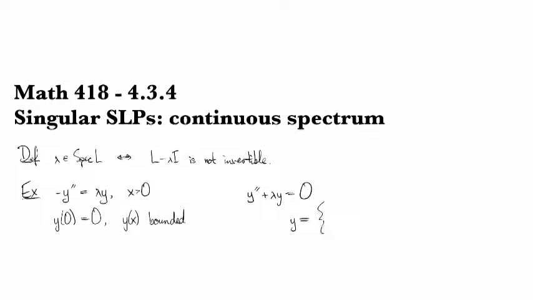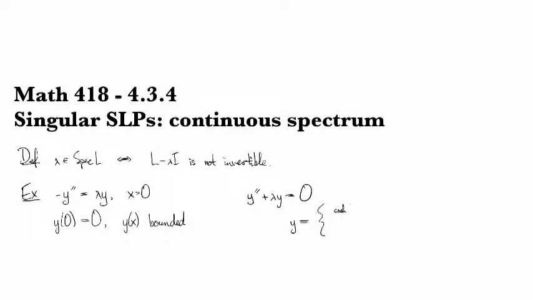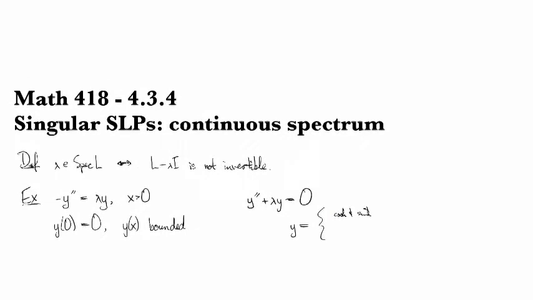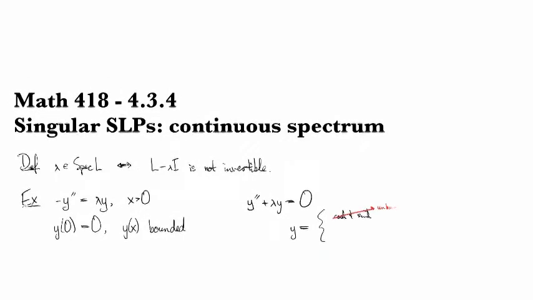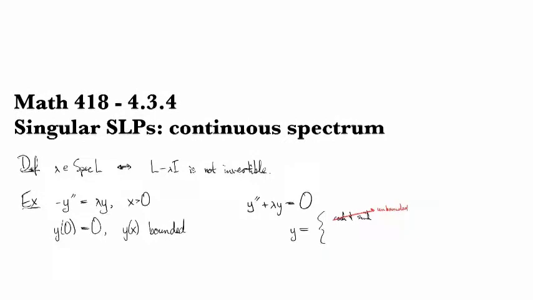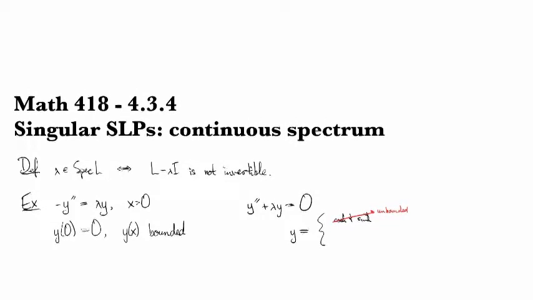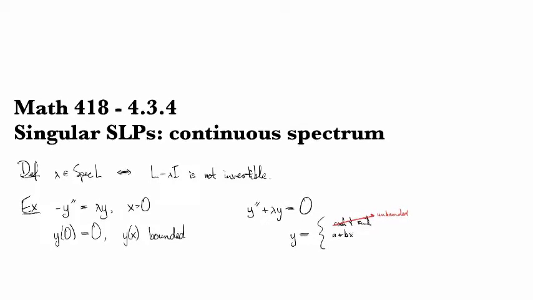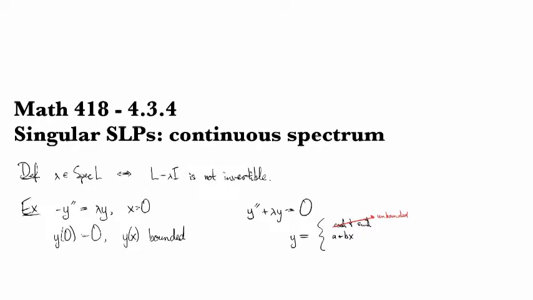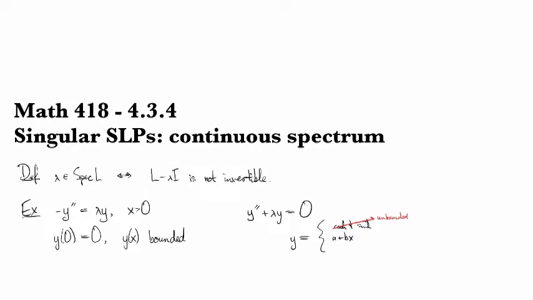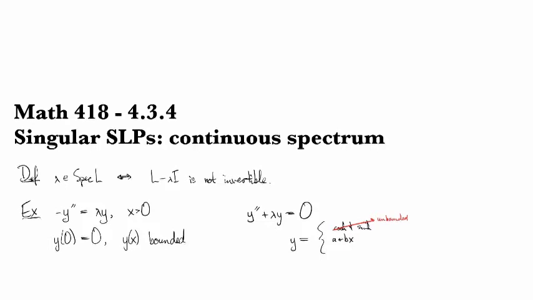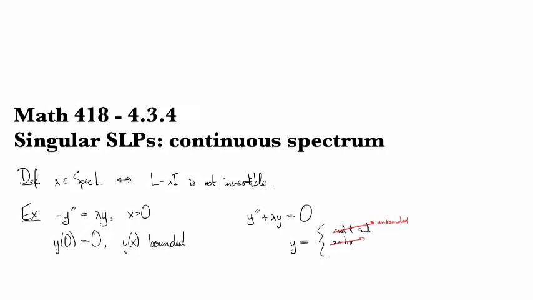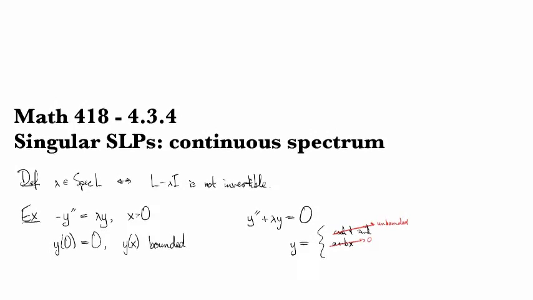Y can be something with cosh and sinh, and that's going to be unbounded, no matter what we do there. Then it could be something like a plus bx, and then the boundary condition of being equal to 0 at 0 says that a is equal to 0, so it would just be a linear function, but that can't be bounded as well, so that was also out of the running.